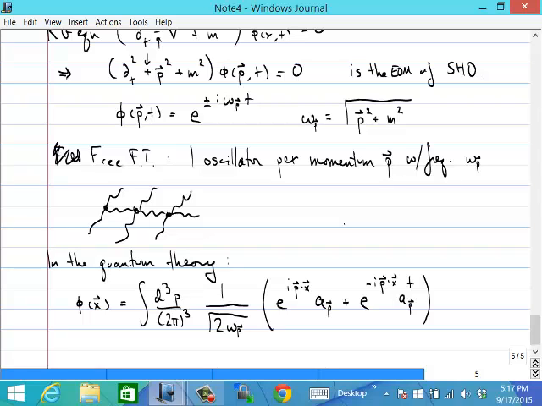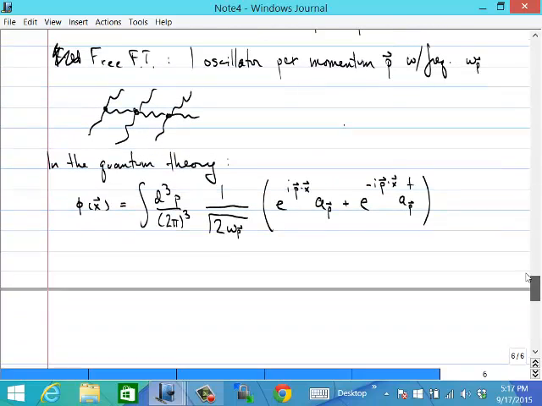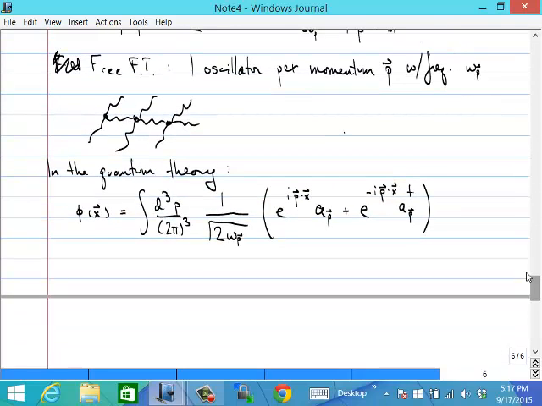So right now, this is just a definition of this operator that I've called a. It's just the Fourier transform of the operator phi. The only difference is that I've relaxed the assumption that I'm allowing a to be a non-Hermitian operator.